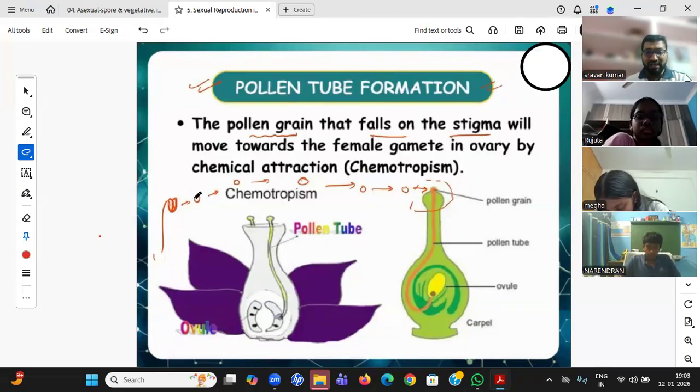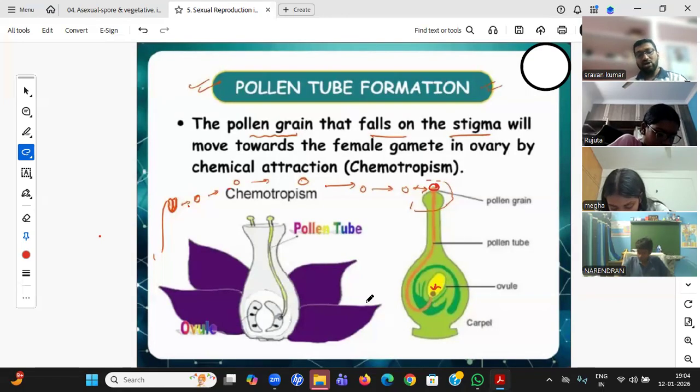Okay. So students, that is the story. From the anther, the pollen grain, due to the wind or some biotic pollinator, has reached up to here. Now how can it reach the ovule, where the actual fertilization should happen? The male cell should reach the female cell, or the pollen grain should reach the egg cell. How will that happen? That is again chemotropism: the movement of things due to a chemical.